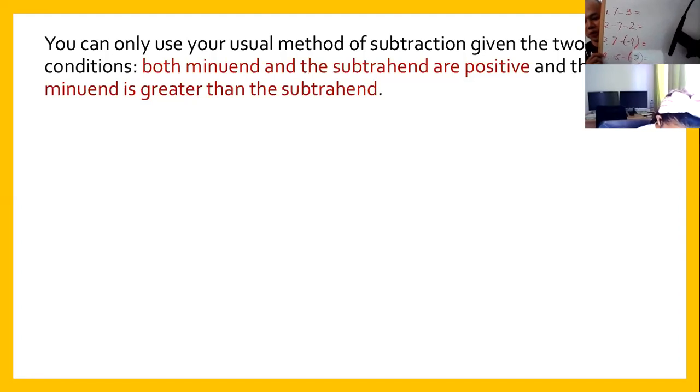But if you are confused, you can use the step by step, no problem. Number 1 is positive 7 minus positive 3. Be careful with the signs. And then number 2 is negative 7 minus positive 2. Number 3 is positive 7.